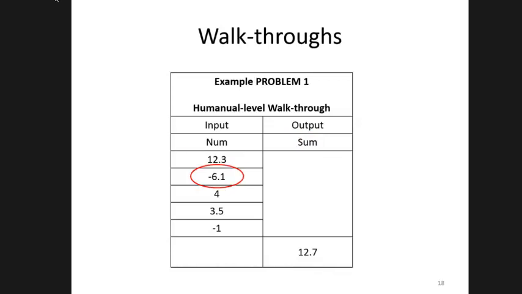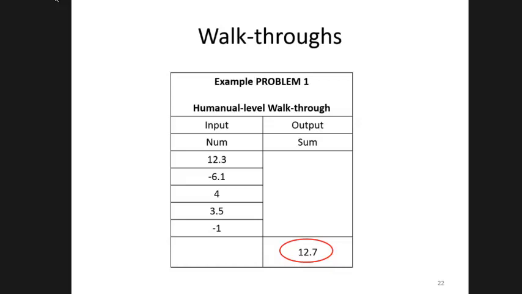In the next step, I input the value -6.1. In the third step, I input the value 4. In the fourth step, I input the value 3.5. In the fifth step, I input the value -1. And in the sixth and final step, we output the value 12.7.